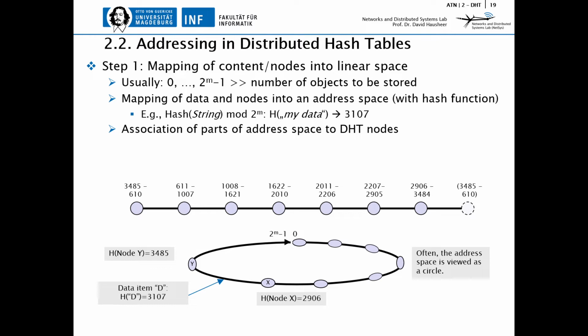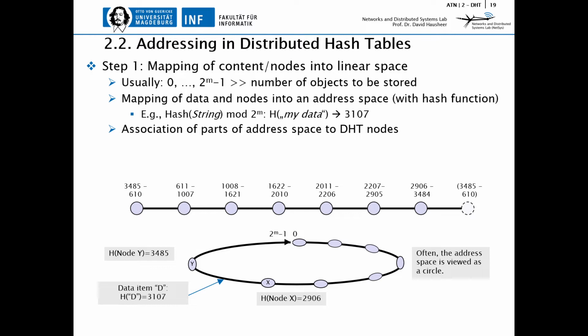Usually we use a sequence of bits, typically M bits, where M can be 128, and so the address space goes all the way from 0 to the maximum size, that is 2 to the power of m minus 1. And this is selected such that 2 to the power of m minus 1 is much larger than the actual number of objects that we wish to store in the DHT.